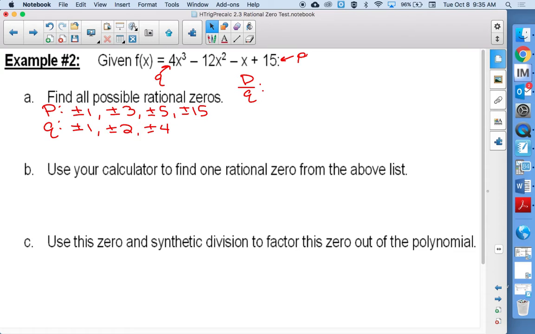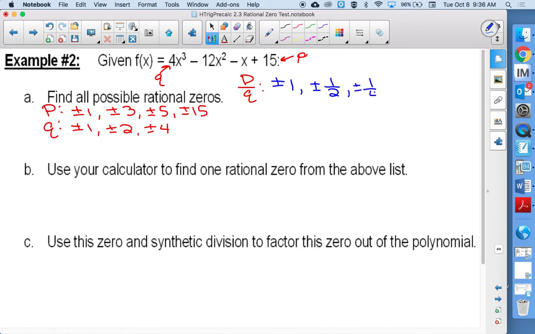They all get a plus or minus every single time, because I could have a positive times a positive, a negative times a negative, and still get a positive answer. And then you're taking each P and dividing it by your Q. This gives me then a list of zeros to choose from. So if you want to simplify it as you're working, that's fine. So 1 over 1 is just 1, 1 over 2, 1 over 4. 3 over 1 becomes 3, and then 3 over 2, 3 over 4.